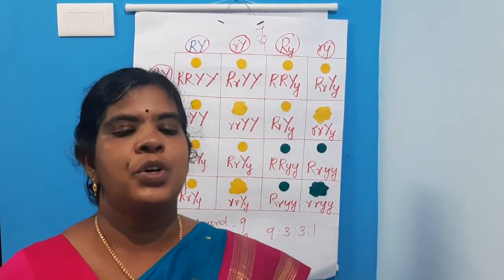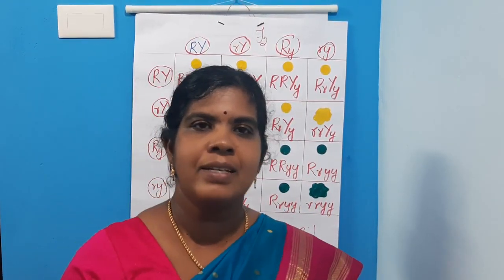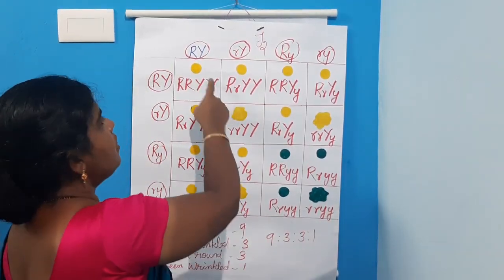First, law of dominance. When 2 homozygous individuals, what is homozygous? When 2 factors are same. This is homozygous, isn't it?